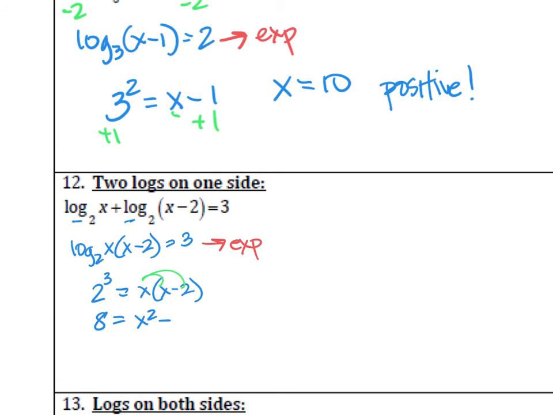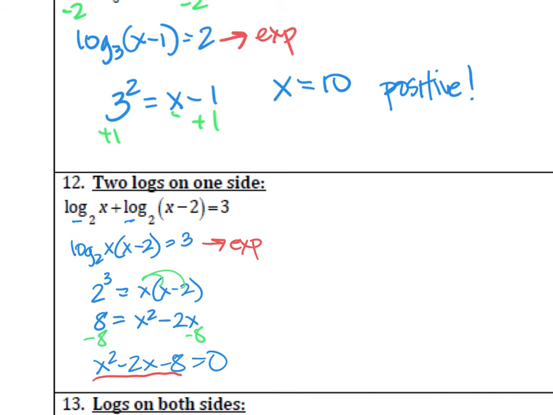We would end up with x squared minus 2x. Now remember, when we have a quadratic, we always want it set equal to 0. So to turn that 8 to the other side, I'm just going to go ahead and rewrite this so that we have this on the left-hand side just to make us a little more comfortable. So what do we need to do?